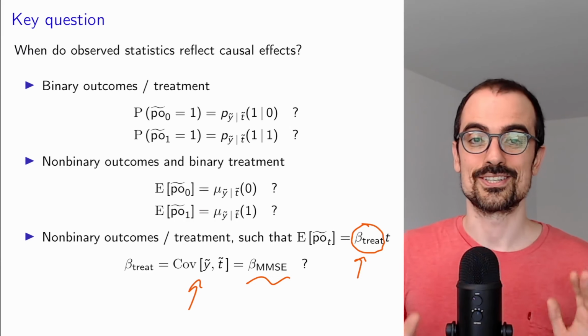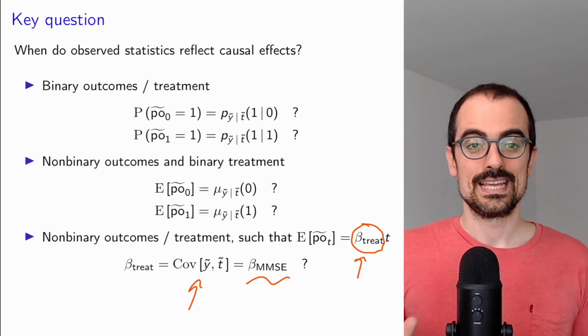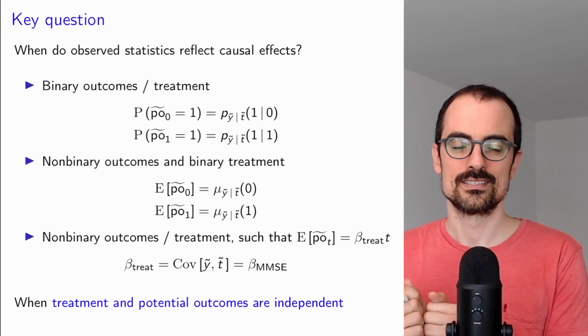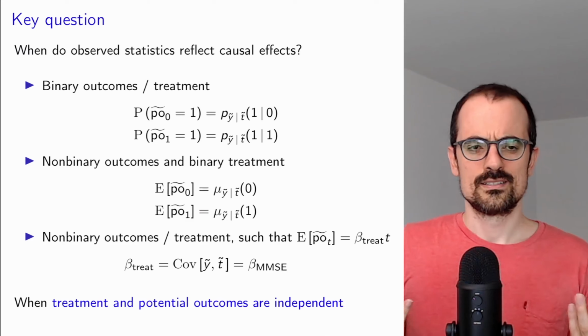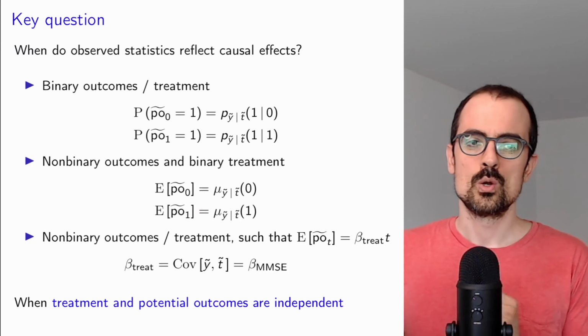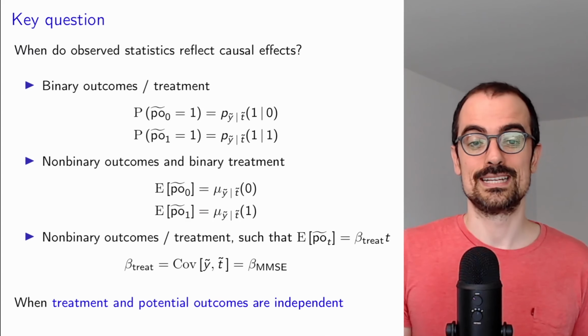And there's a clear answer for this. All of these equalities are true if the treatment and the potential outcomes are independent. When are the treatment and the potential outcomes guaranteed to be independent? Typically only under one condition: when we have randomized the treatment.